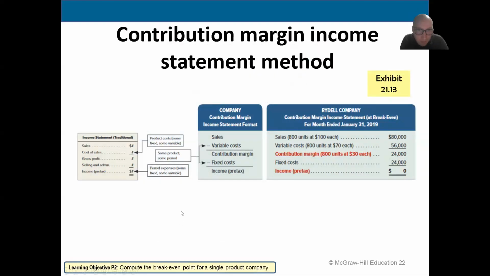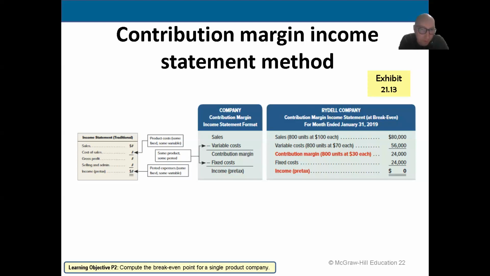The second method to find break even is what we call the contribution margin income statement method. On an income statement, as you know, we have sales minus cost of goods sold equals gross profit minus selling and administrative expenses equals income.